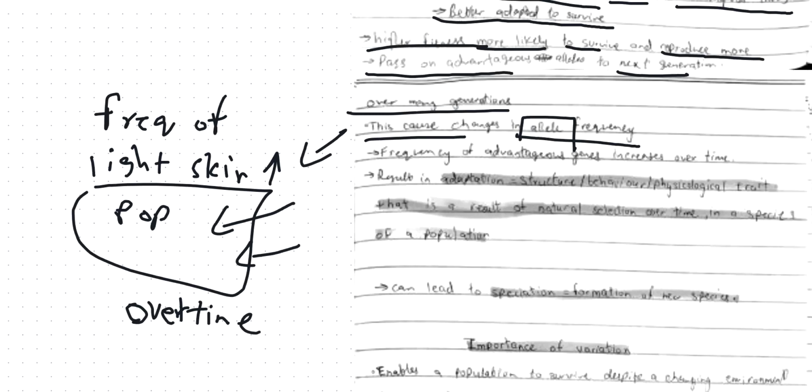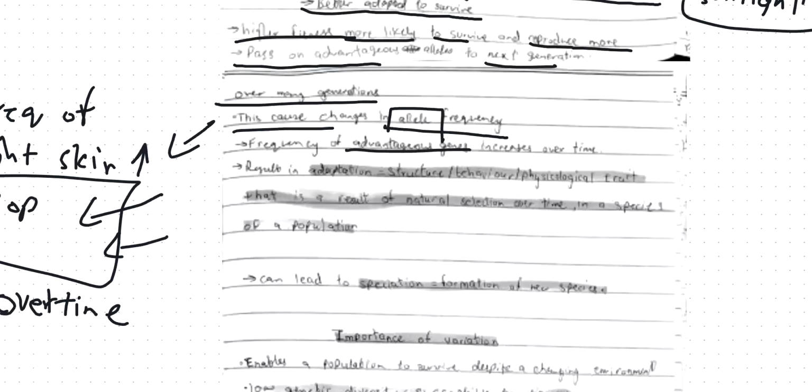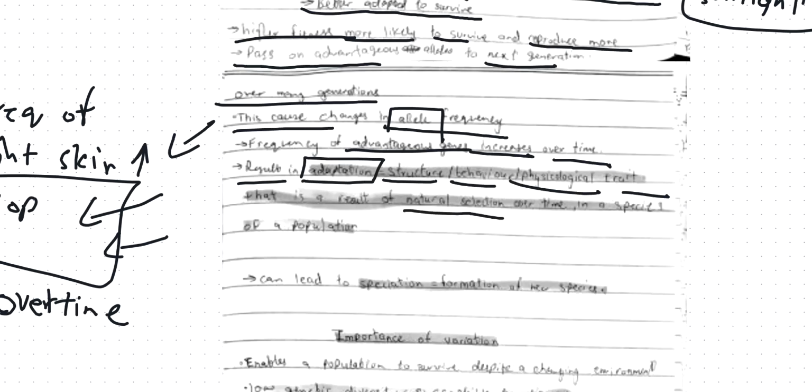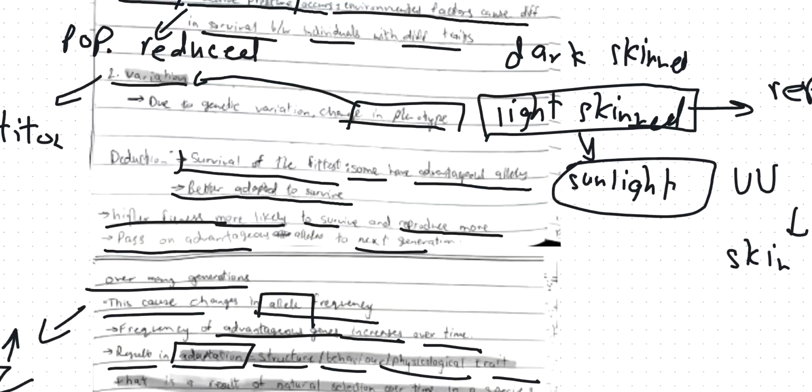So frequency of advantageous genes will always increase over time. This will result in something called adaptation. And adaptation is a structural, behavioral or physiological trait that is a result of natural selection over time in a species or population. So remember, all of this survival of the fittest is caused by natural selection.